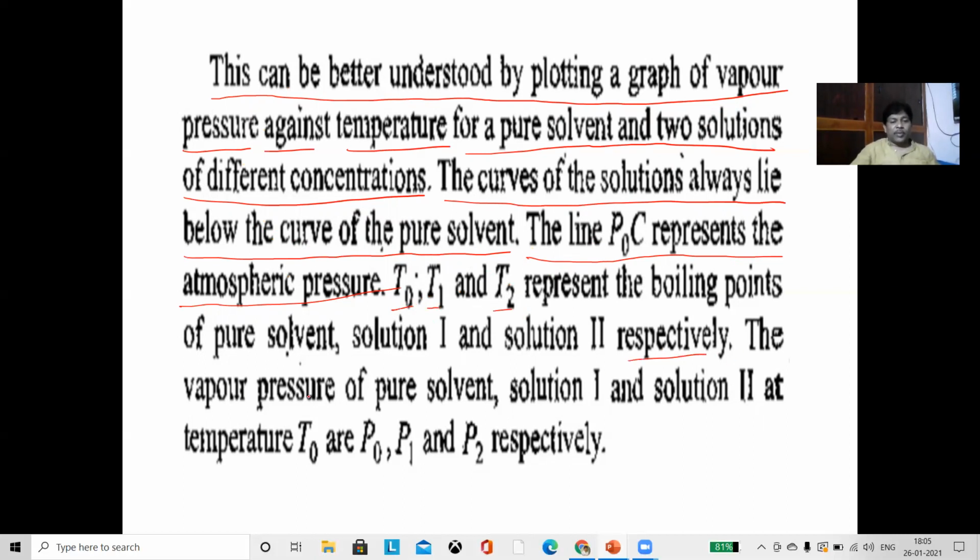Next, the vapor pressure of pure solvent, solution 1 and solution 2 at the given temperature T naught will be P naught, P1 and P2.